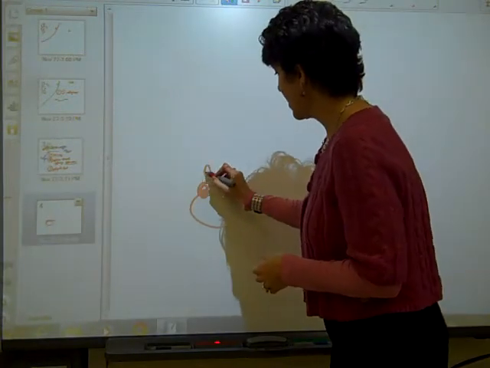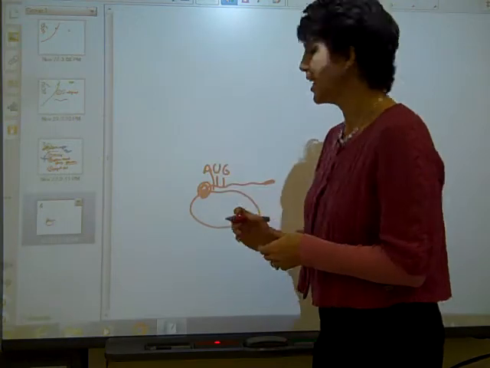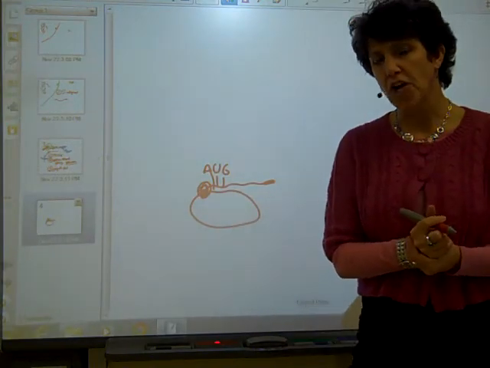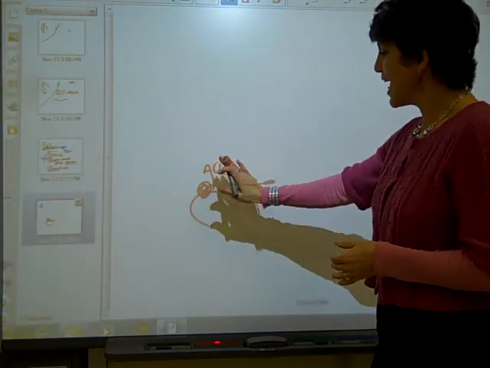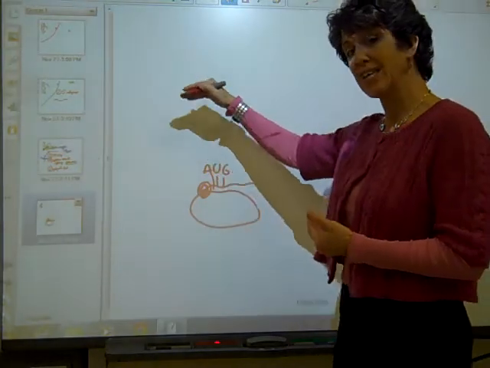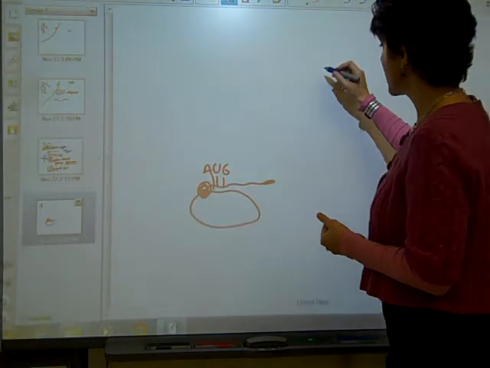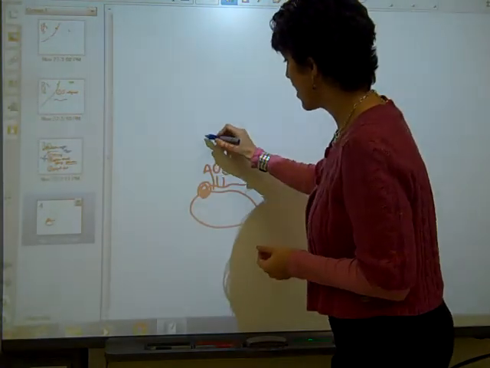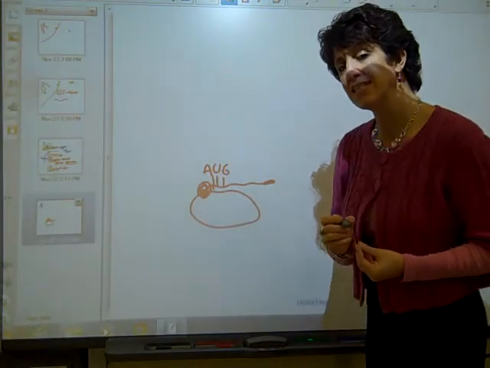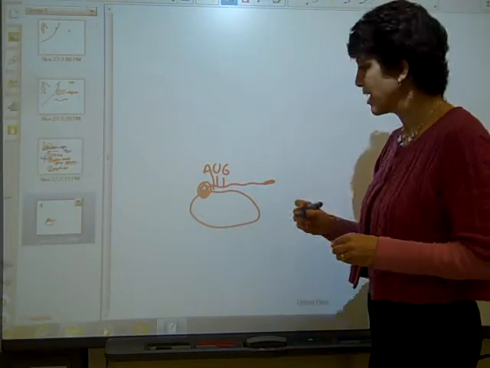So A, U, G is usually what we call the start codon. That AUG would attract a transfer RNA molecule in. So over here I'm going to have a transfer molecule come in, and the letters need to be complementary on the tRNA molecule.